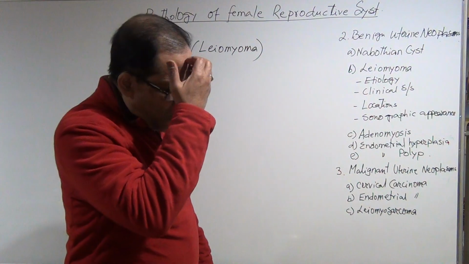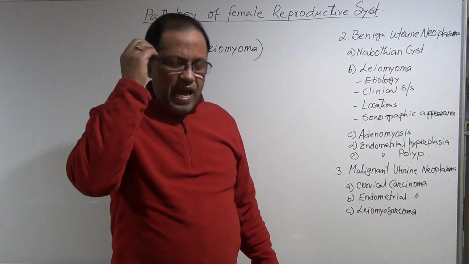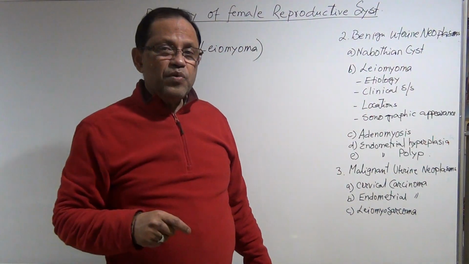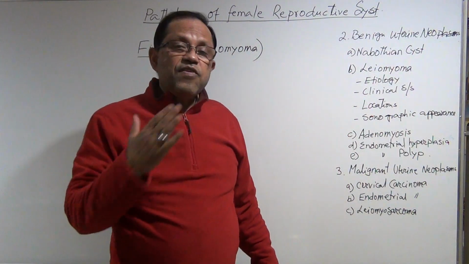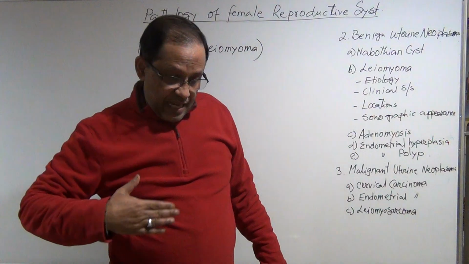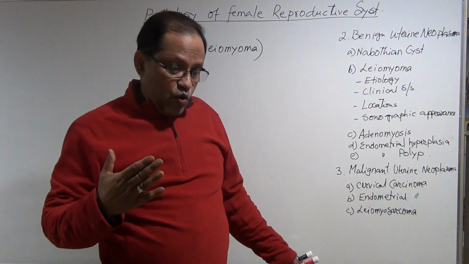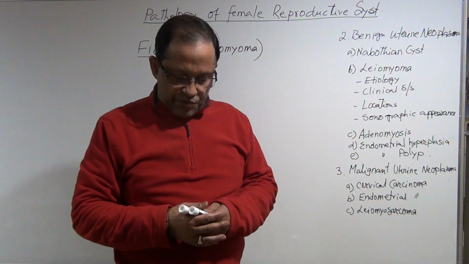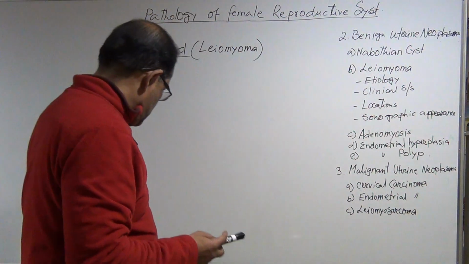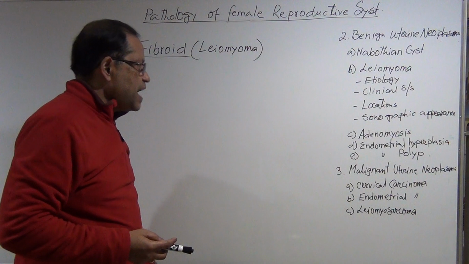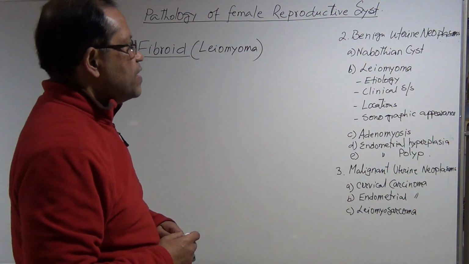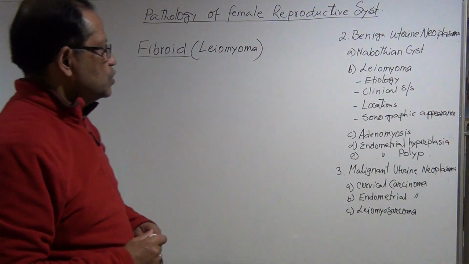That's why follow-up is very, very important. At least once a year, follow up the old fibroid. Is it going to involute or get bigger? It is very important. We need to follow up any growth of the fibroid, any growth.